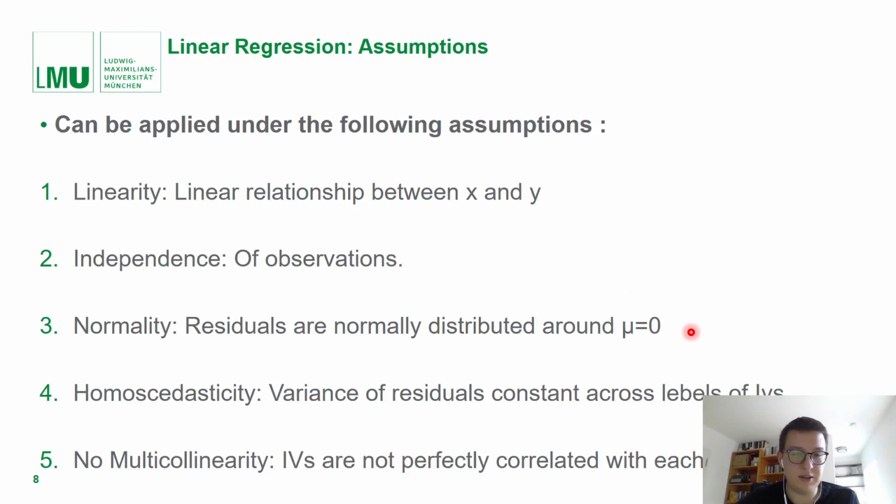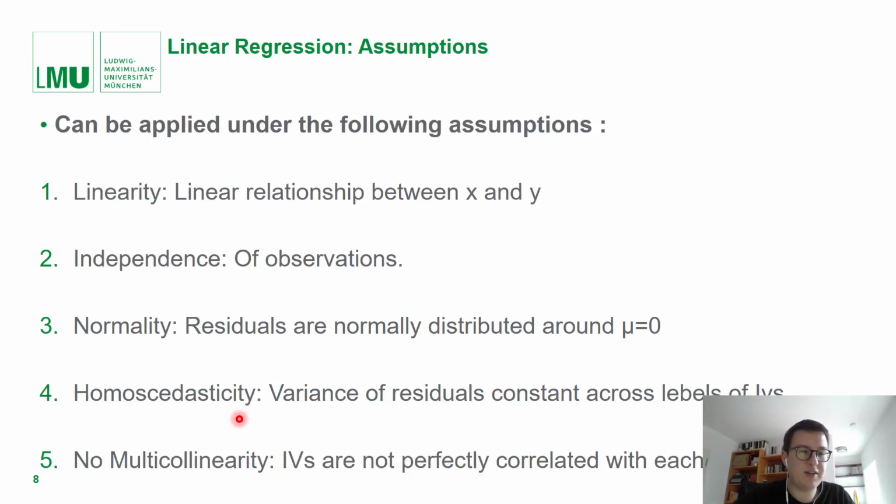Third assumption would be the normality. Residuals, I hope many of you noticed, is the difference between what the model would estimate as an outcome and the observed outcome, and they should be normally distributed around the mean of 0. So that means that our residuals scatter around in a normal distribution around 0.